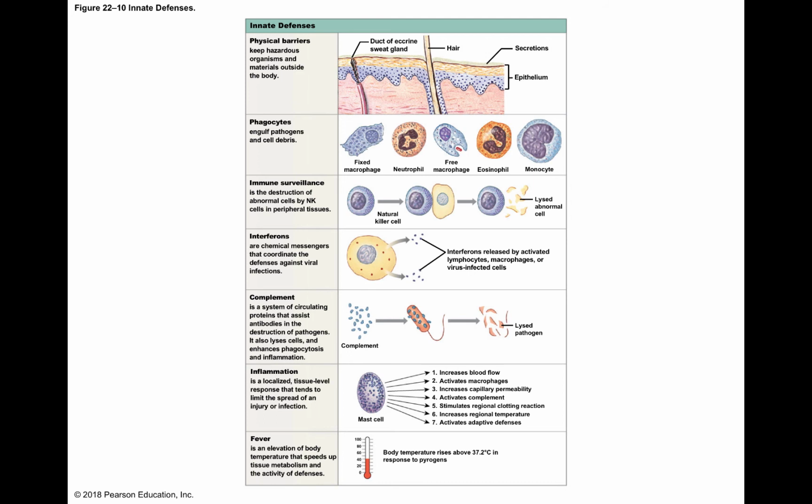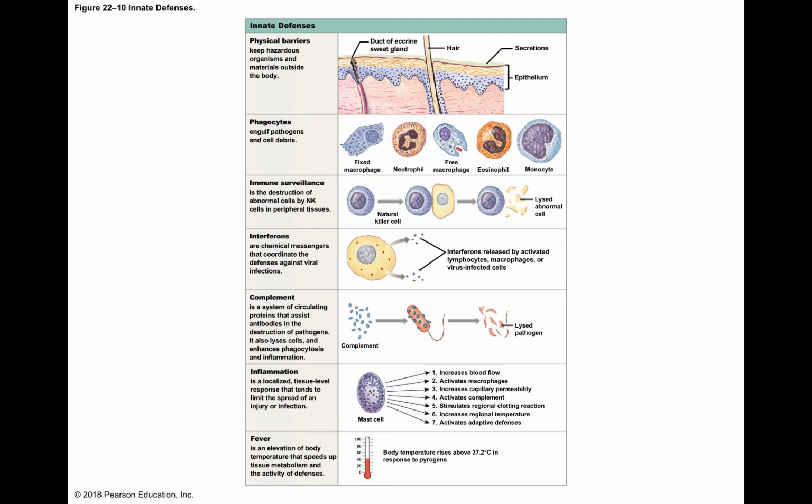So the T cells and B cells. Hopefully you guys can see that in the back. So we've got innate immunity and adaptive immunity. Adaptive immunity is our third line of defense. First and second are innate. Third line is adaptive.